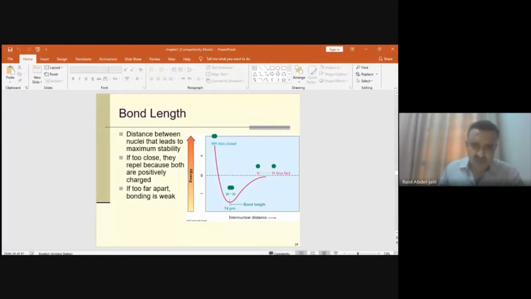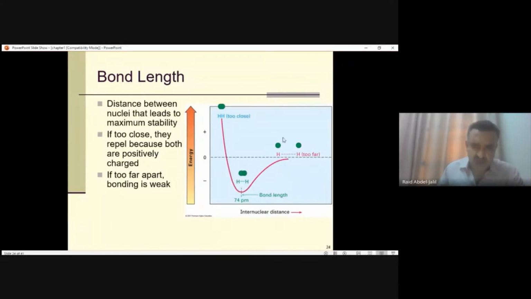So as you can see, when the two hydrogens are far away from each other, we call this distance infinity. It means we will simply assume that the energy of the system is equal to 0. Now, when the two hydrogens start to come closer to each other, the total attraction forces will start to increase.